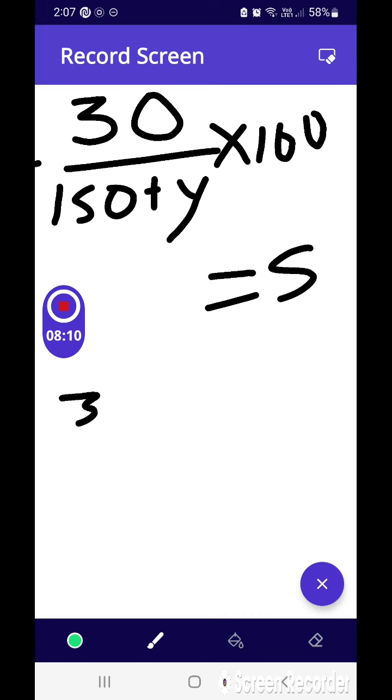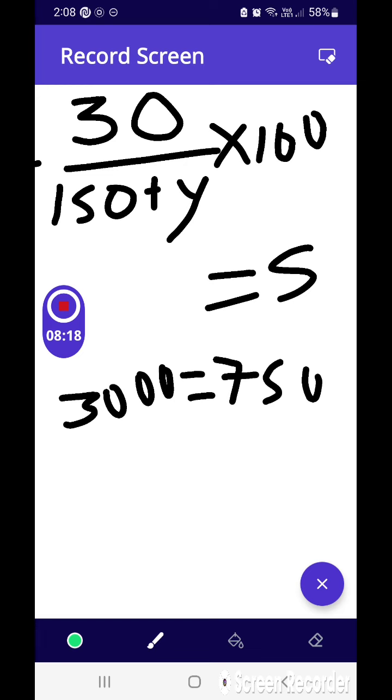So let us do. We have multiplied with 30 to 100. It is 3000 into 150 into 5. 750 or y into 5 is equal to 5y. Now 750 is in positive terms, it will go in negative terms.